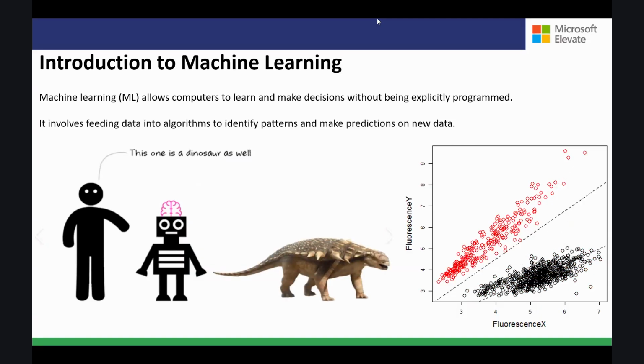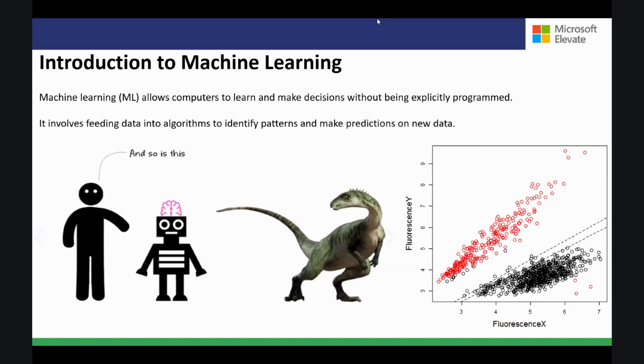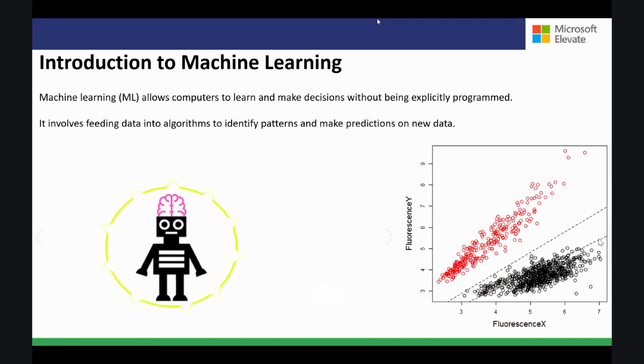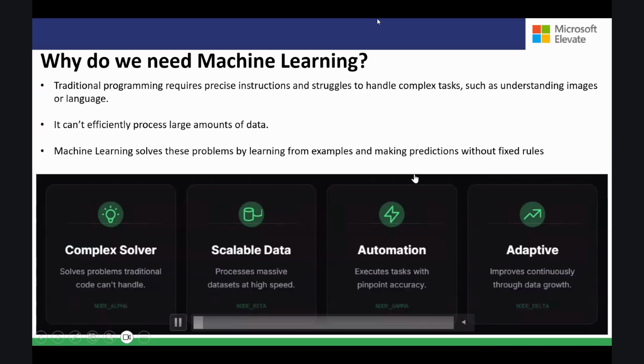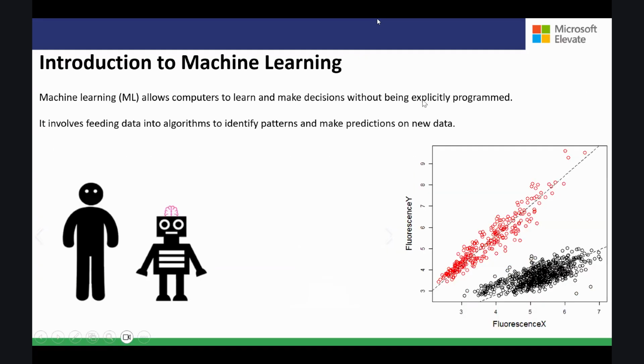So can you guys see how this particular line, this 45-degree or 30-degree line, is actually trying to go to the pattern that it can see? Let me simplify this.